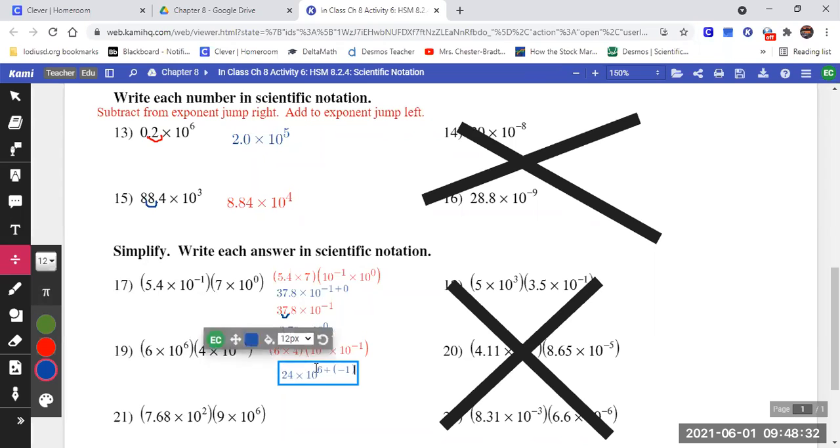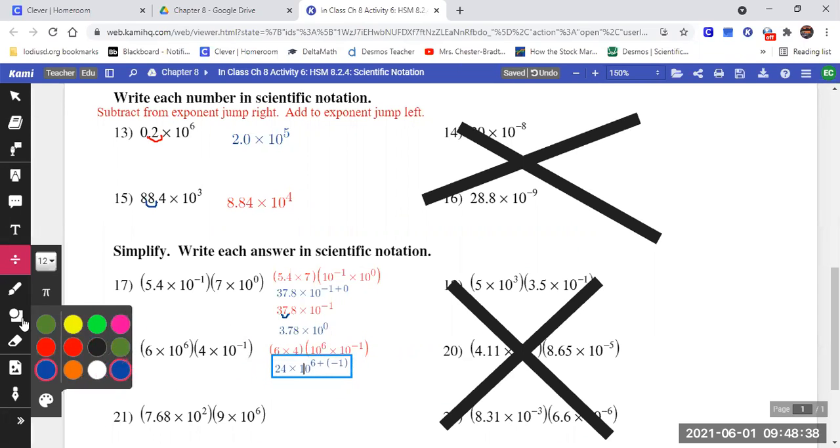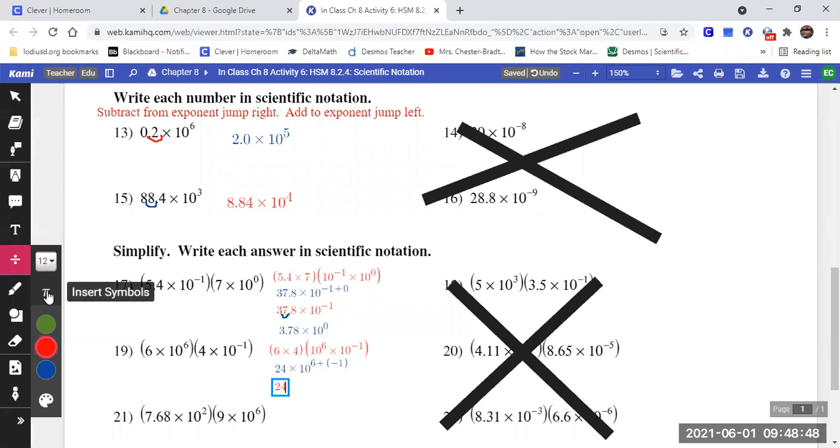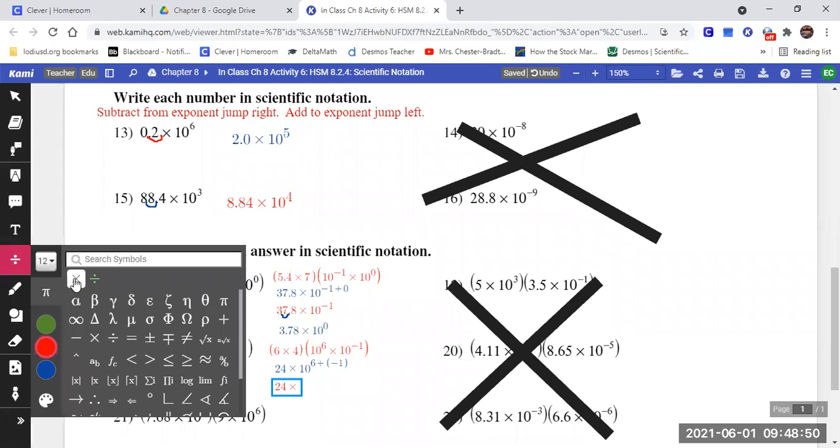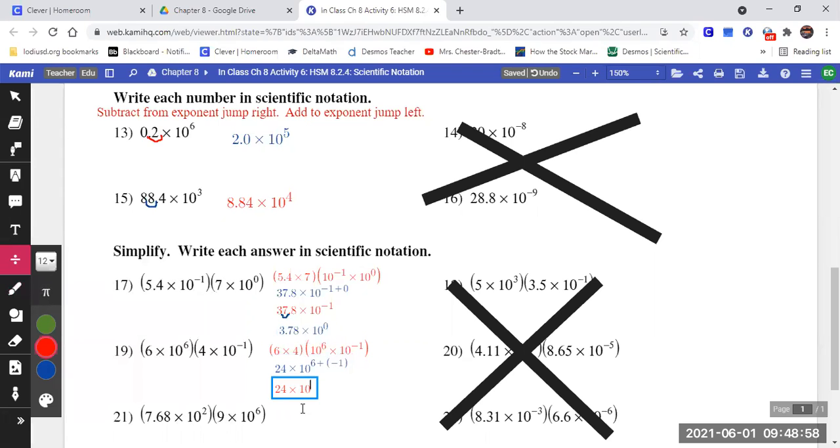That was what the rule was. So what would that be if I rewrote it? 24 times 10 to the what? Do the math on the exponent. What do we get?